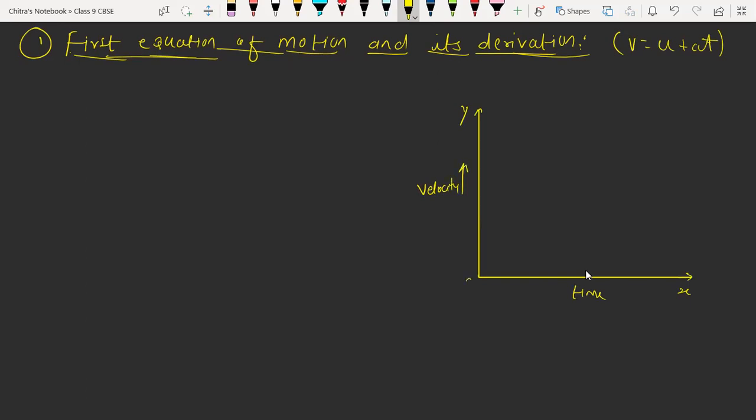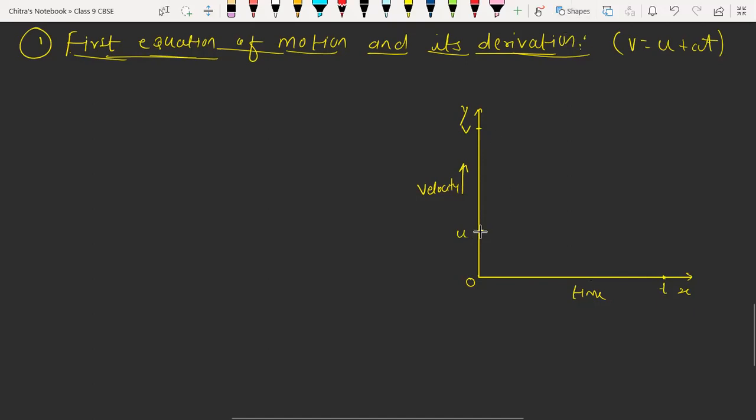Here we have the point 0, and the initial velocity, suppose here, is u. As time increases, the velocity of an object will change. Suppose the final velocity reaches v at a time t, and I am taking time here.